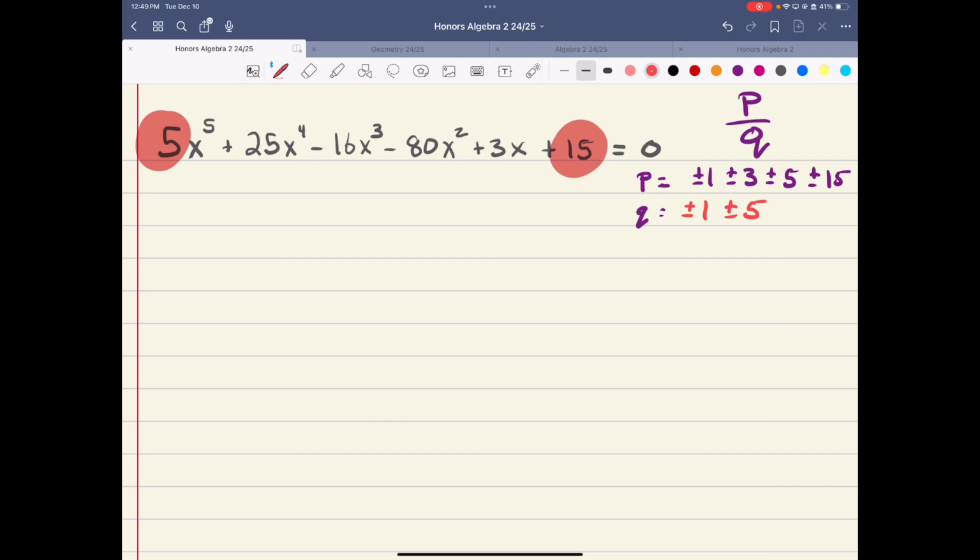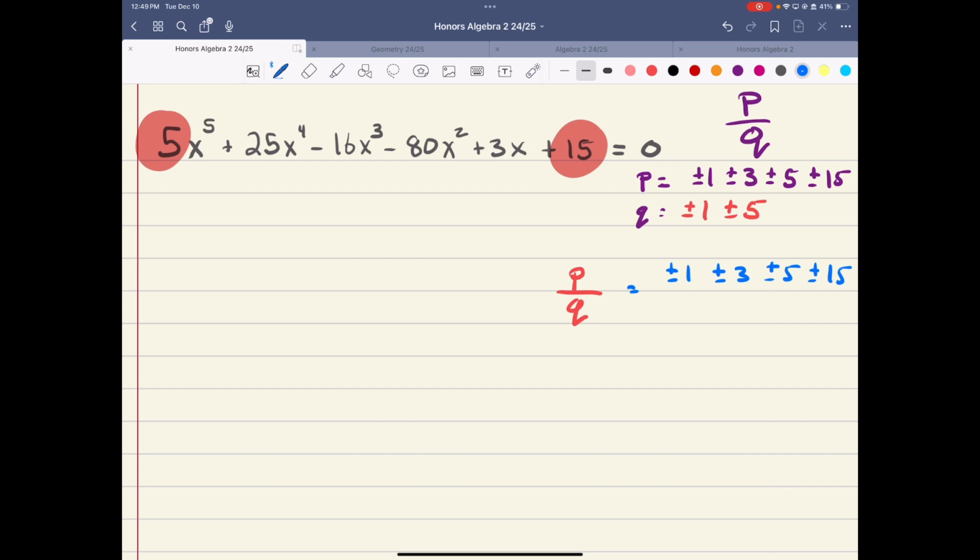So when we talk about our possible ones, you have to remember our possible ones are P divided by Q. So it's really our p-value over 1 if our q-value is 1. So our possible ones are plus and minus 1, plus and minus 3, plus and minus 5, and plus and minus 15. That's if our q-value is 1.